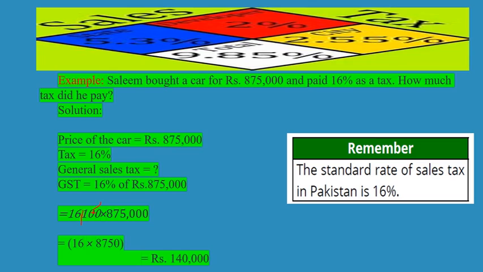This is 16 divided by 100 multiply 8,75,000. These two zeros we will cut with these two zeros, and 16 multiply 8,750. Our answer will be equal to 1,40,000. And students, remember one thing, the standard rate of sales tax in Pakistan is 16%.